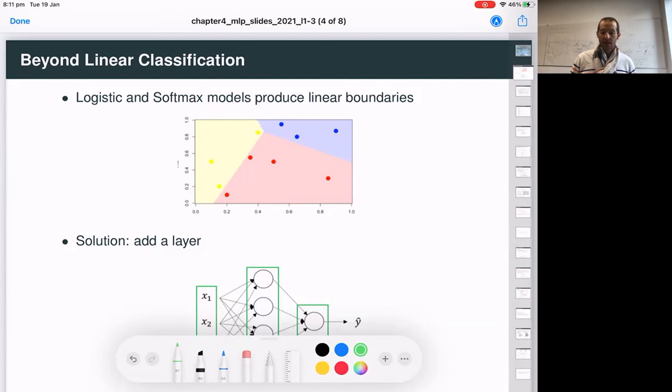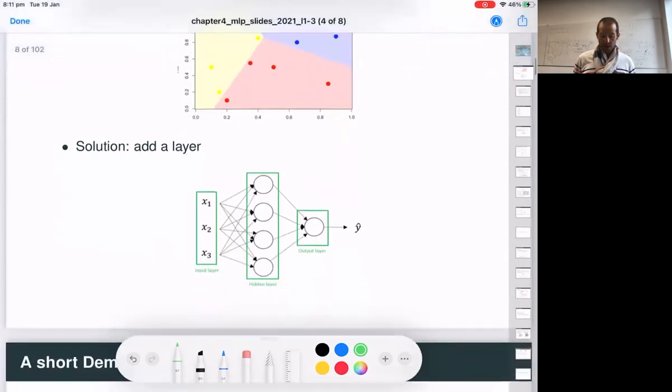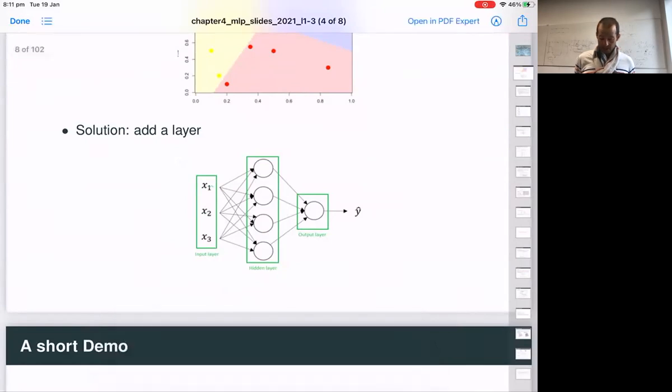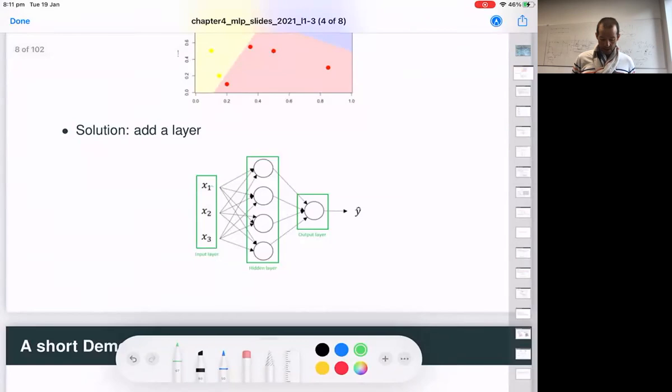Okay, and so the solution to get something non-linear as a decision boundary is in fact to add a hidden layer. So instead of going directly from the input and connecting all the inputs together in one neuron to get the output, we will add one hidden layer.